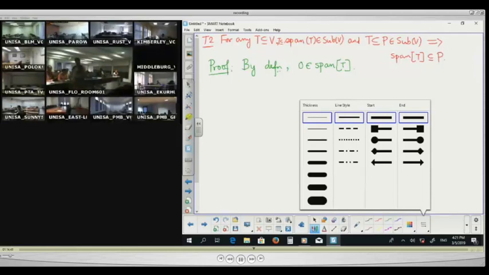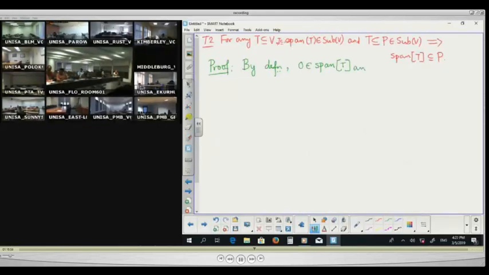So, by definition, 0 belongs to span of T, and for n equals 1 and lambda equals 1, we get that T belongs to T implies T belongs to span of T.